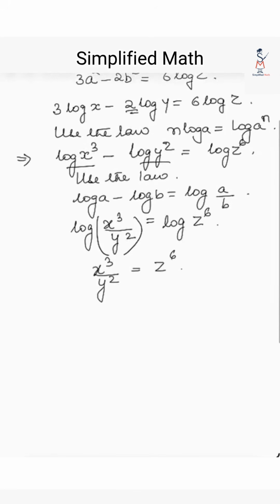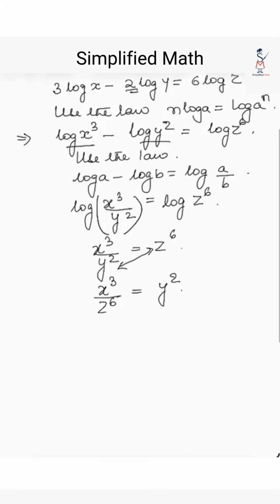Now we have to find y in terms of x and z. So we will take y to the other side and let z come here. So this will become x cube by z raised to the power 6 is equal to y square. Now y square is this, so we want the value of y. So we will square root both the sides.